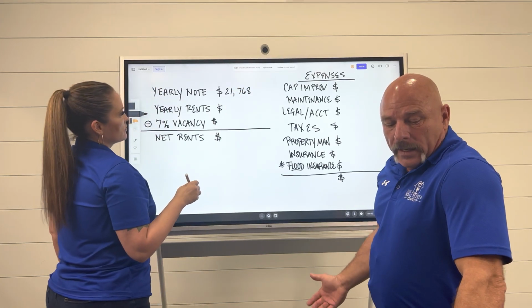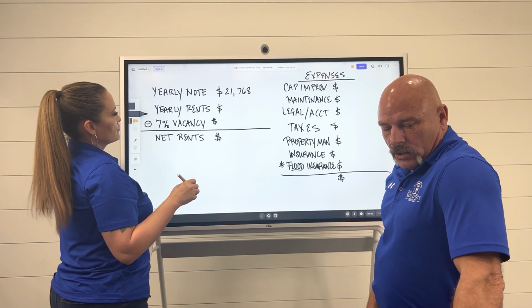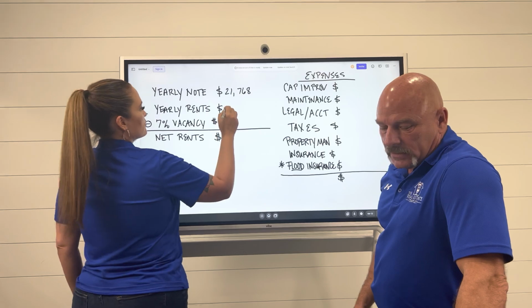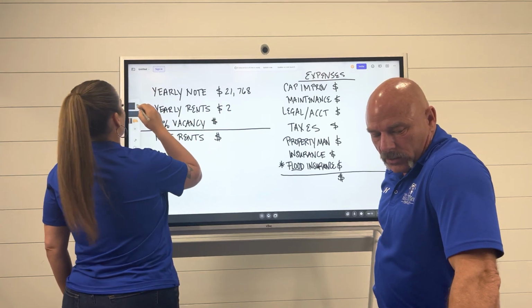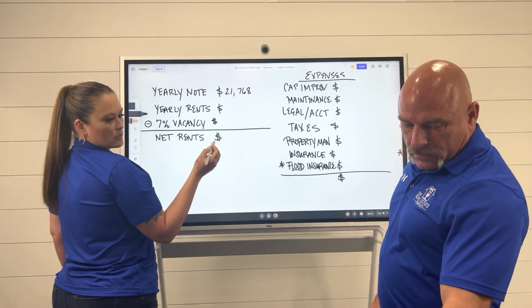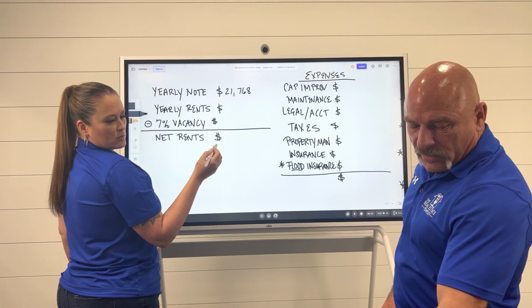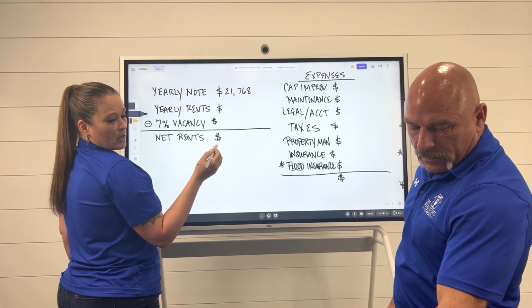So we're taking the rents at the full thing that Zillow said, $1,814. I think that's a good number. That gives us $21,700. Nope, sorry. So the yearly rents, yeah, $21,768. Did I give you the wrong number on the other? You may have.